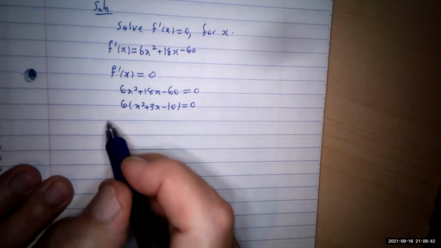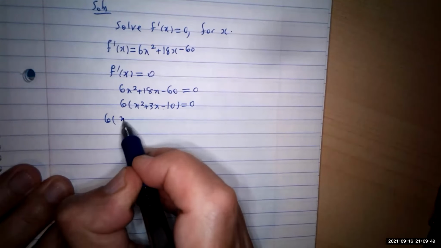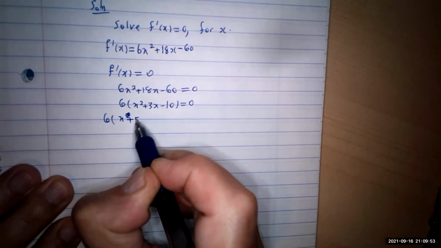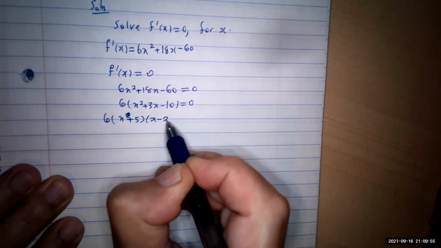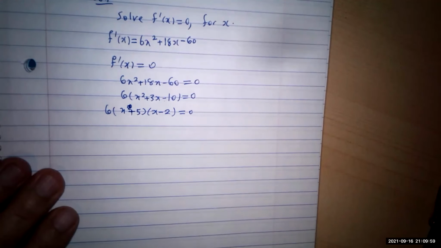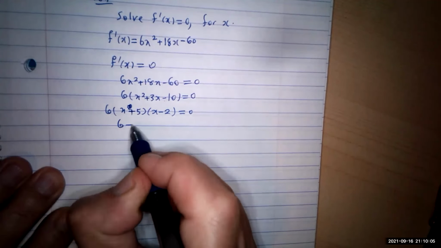We factor the inside, it's going to be 6 times. We need two numbers, product of 10 and a difference of 3. It's going to be x plus 5 times x minus 2 equal to 0. 2 times 5 is 10. They give you some nice numbers to be able to factor it.